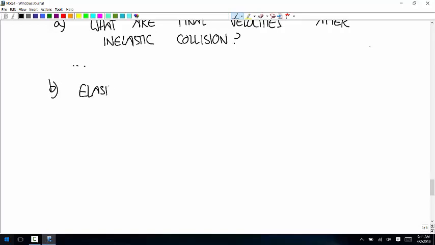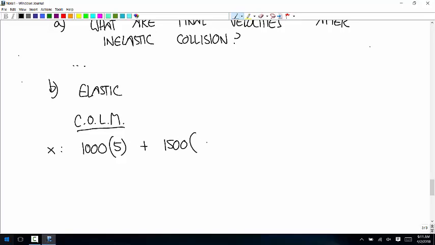So for the elastic case, conservation of linear momentum. Remember, that's a vector equation, so you have to include the directions of the motion. For the x equation, we have the 1,000 kilograms times the velocity of that one, 5, in the positive x direction, plus the 1,500 kilograms times the velocity of -4.